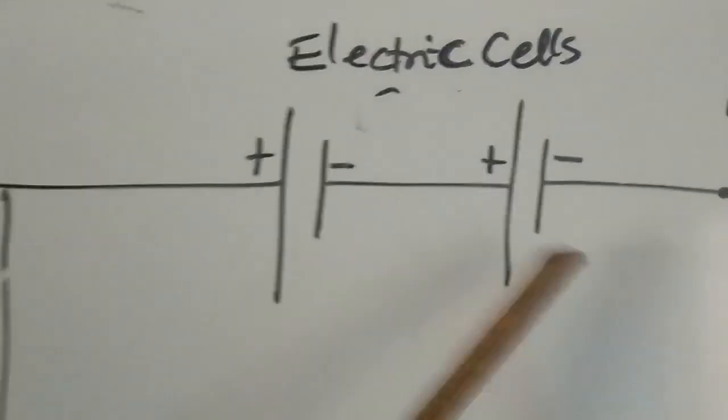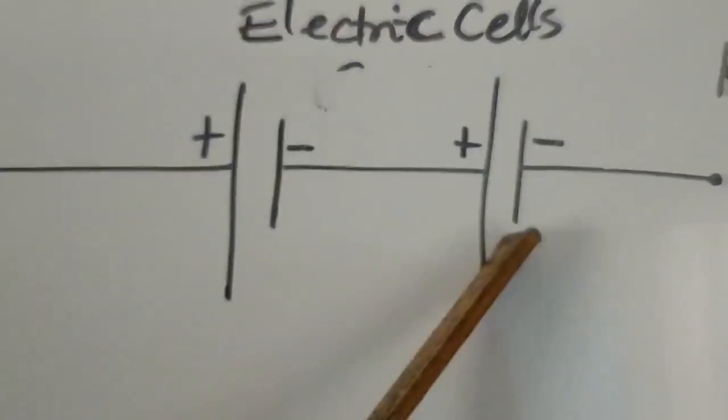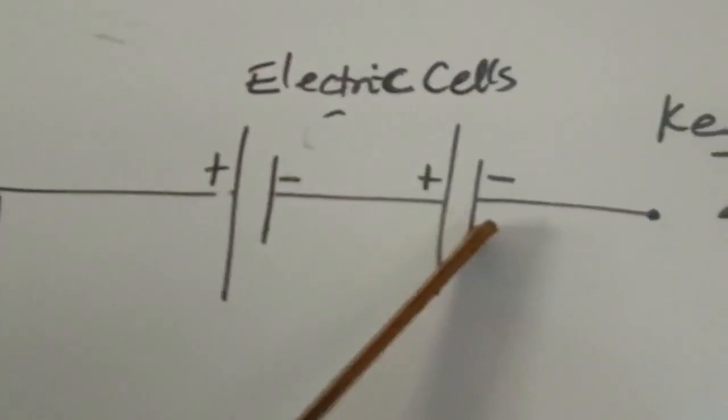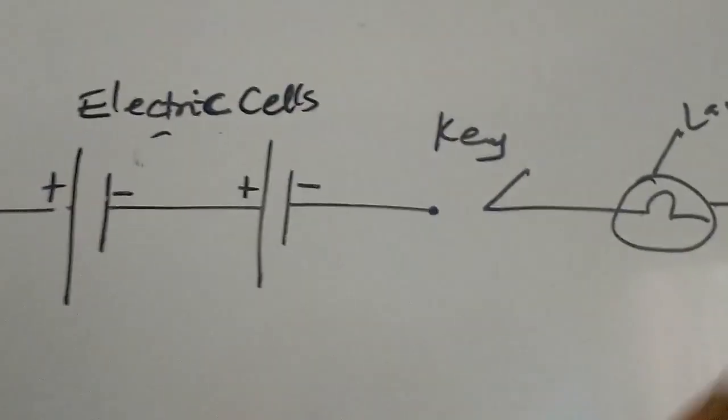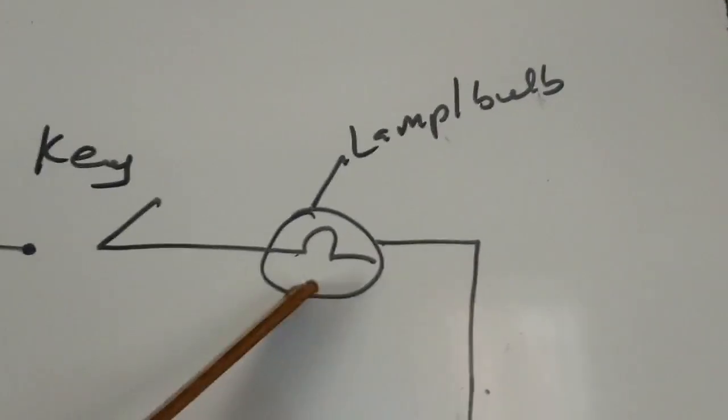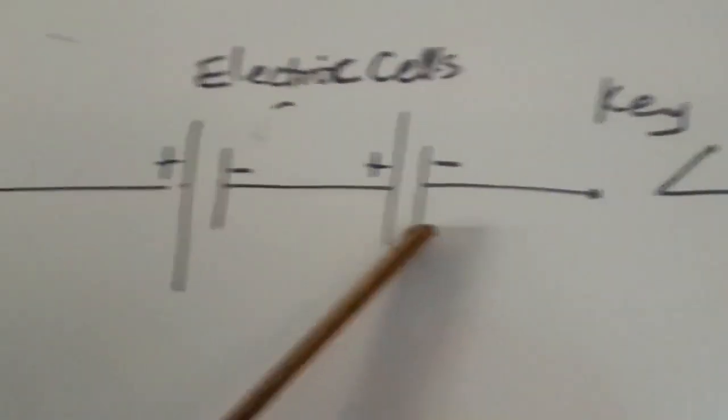So going back to the diagram, we have the cell, which provides electrical energy. We have the switch or the key, which controls the amount of current coming out from the cell. We have the lamp or bulb, which is the load which draws current from the cell.